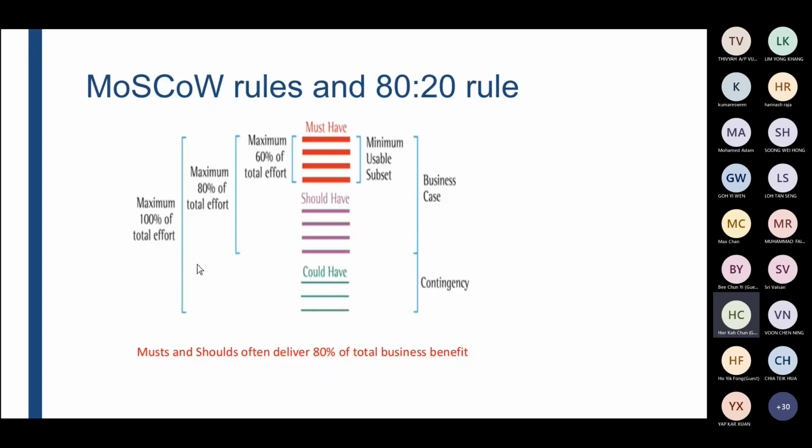Let's say you complete your project earlier, you still have some room for improvement or to do additional tasks, then you can look into could have, because this is your backup on hand to be included so that your customer will be happy when they see this. They won't question you, hey, why did you not include all this? That is the whole idea of the 80-20 rule, following the MoSCoW prioritization technique.